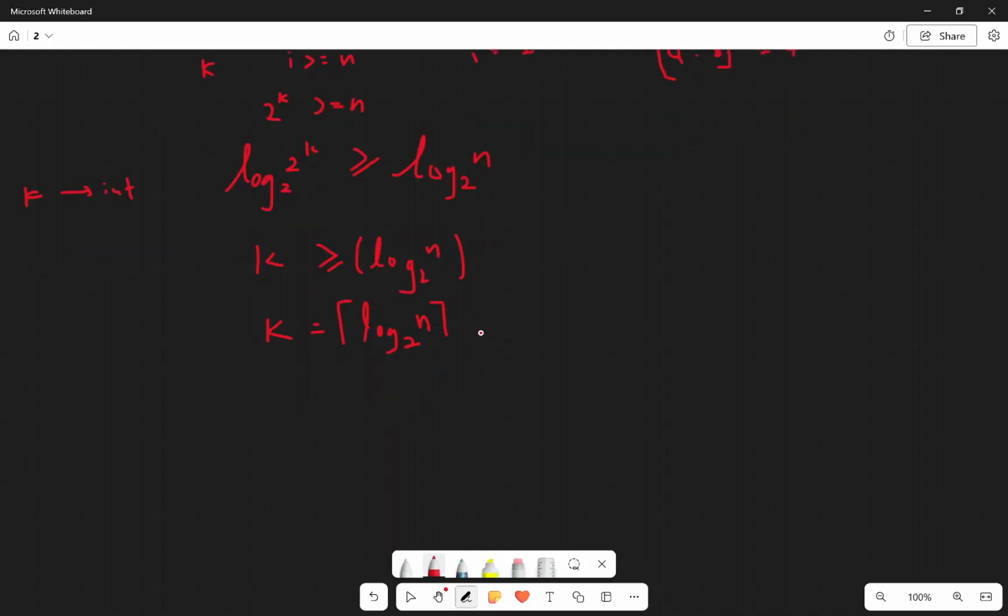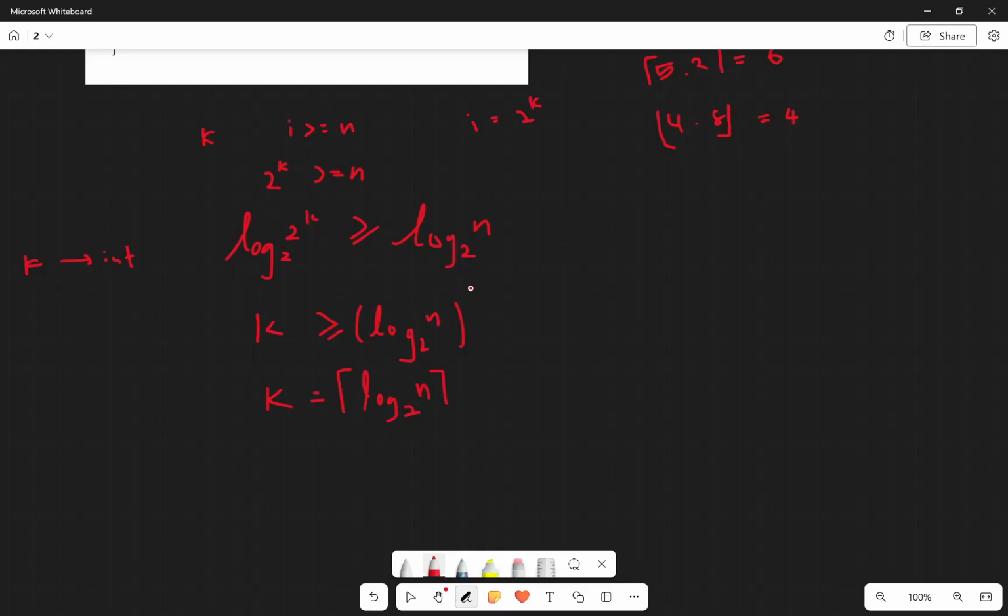Okay, so if we substitute values, if we take log 2 to the power n equals something like 0.35, in that case the upper boundary will be greater than this value, but if it's an integer, this will be equal.